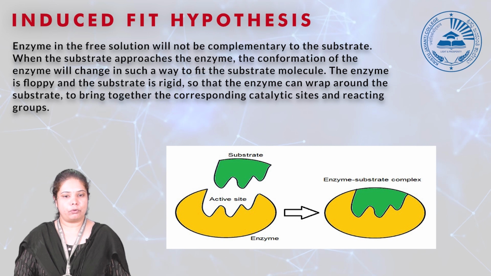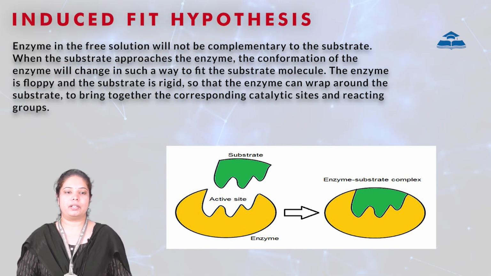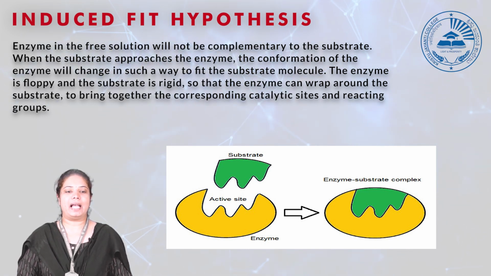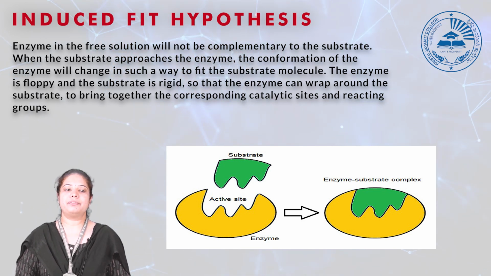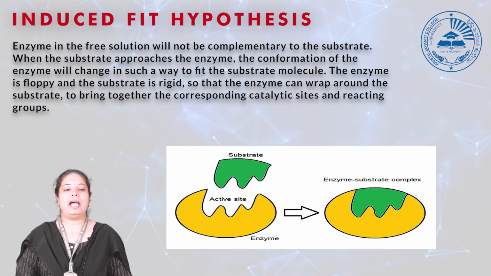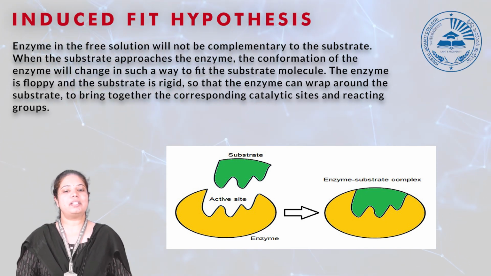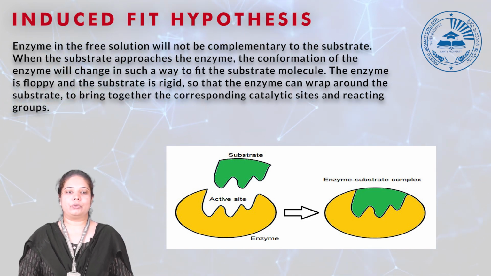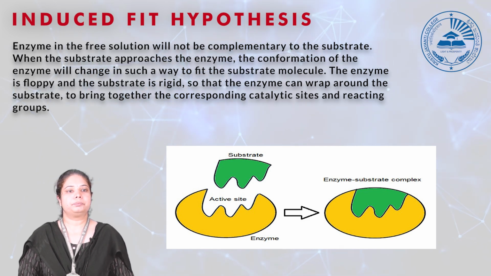The enzyme is floppy and the substrate is rigid, so the enzyme can wrap around the substrate. The conformational change happens in the enzyme, whereas the substrate remains rigid. Based on the structure of the substrate, the enzyme fits itself to the substrate and forms the enzyme substrate complex. During the formation of this complex, the reacting group and the catalytic group interact with each other along with the binding groups.